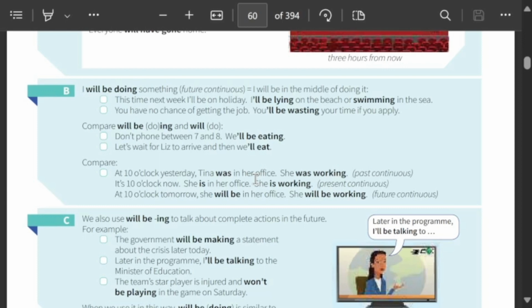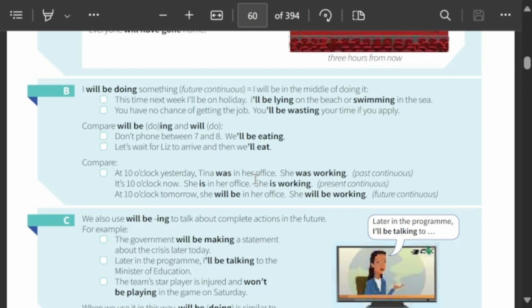It's an instruction. We will be eating. You see? Will be eating. If I ask you, when will they be eating? Between 7 and 8. At that time, right? This is why they say don't phone between 7 and 8, because during that time, we will be eating. Okay?